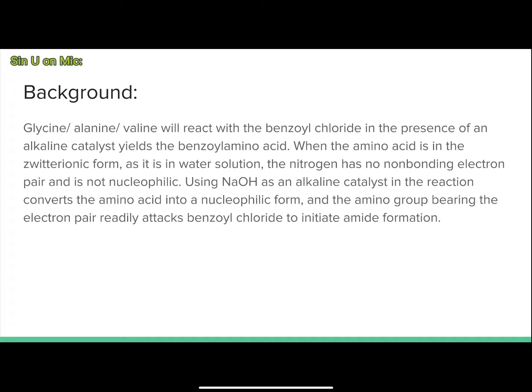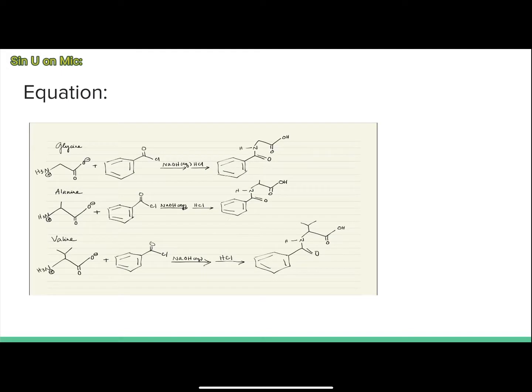Using sodium hydroxide as an alkaline catalyst converts the amino acid into a nucleophilic form, and the amino group bearing the electron pair readily attacks benzoyl chloride to initiate amide formation. The equations for glycine, alanine, and valine are shown on the PowerPoint.